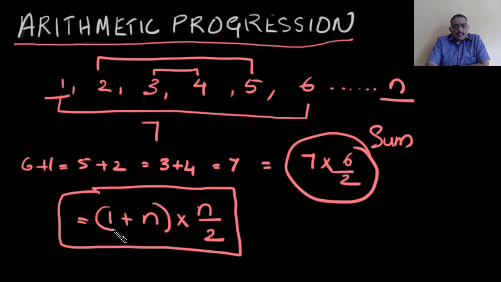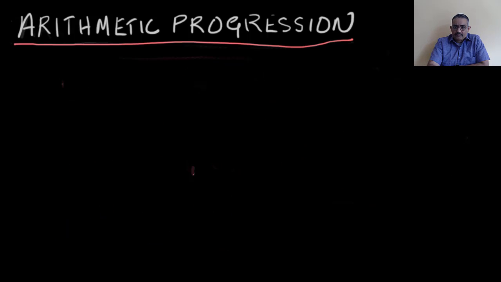Now how do we apply this to a standard arithmetic progression that has a common difference other than 1? Let's explore that.